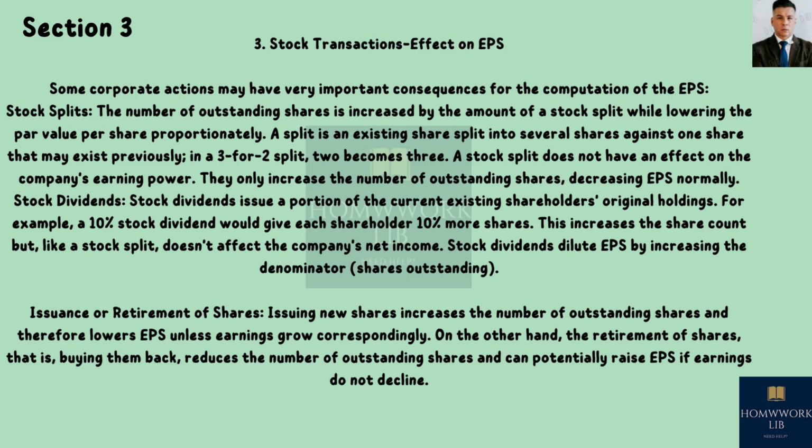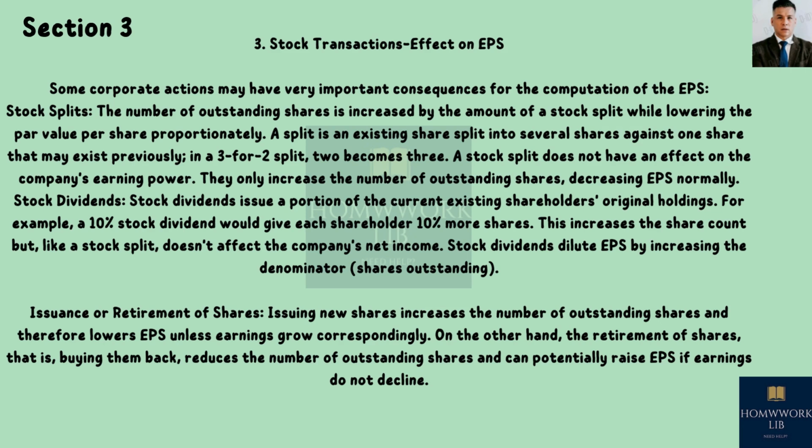Stock dividends: stock dividends issue a portion of the current existing shareholders' original holdings. For example, a 10% stock dividend would give each shareholder 10% more shares. This increases the share count, but, like a stock split, doesn't affect the company's net income. Stock dividends dilute EPS by increasing the denominator, shares outstanding.